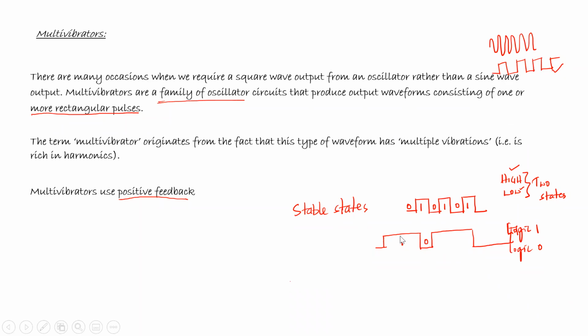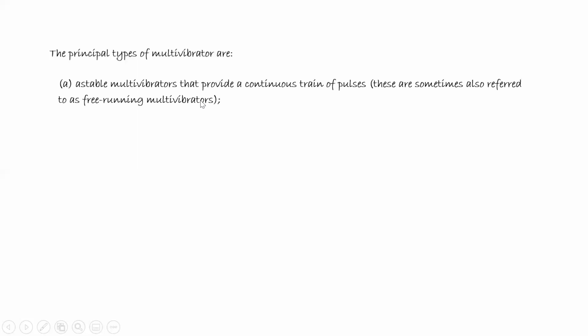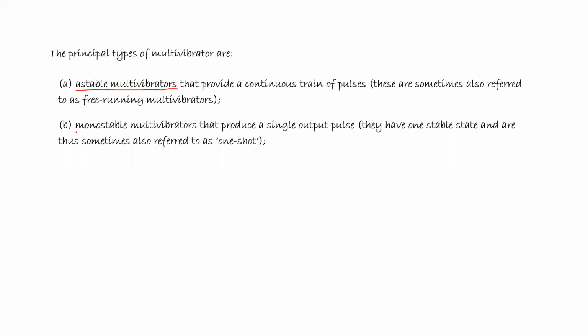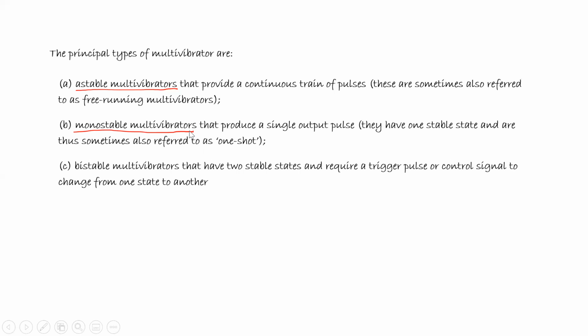If a state is there without any change, it is a stable state. So depending on how many states are stable, or whether there are any stable states at all, we categorize these multivibrators as astable multivibrator, then monostable multivibrator, and the third type is bistable multivibrator.